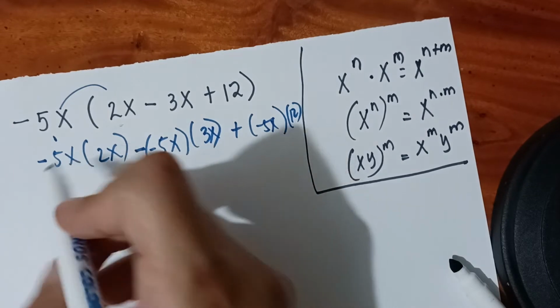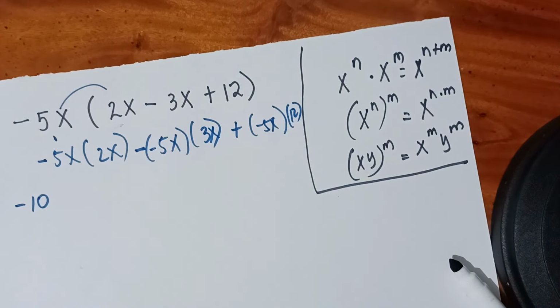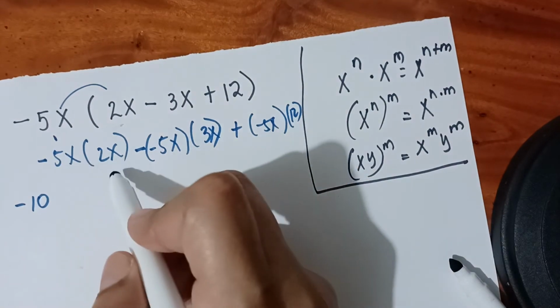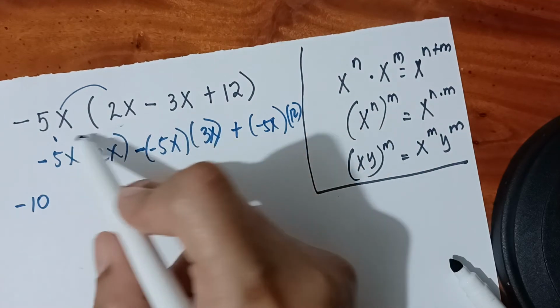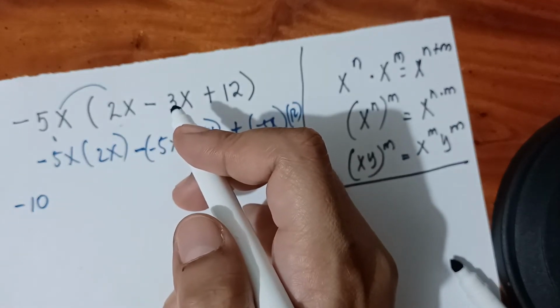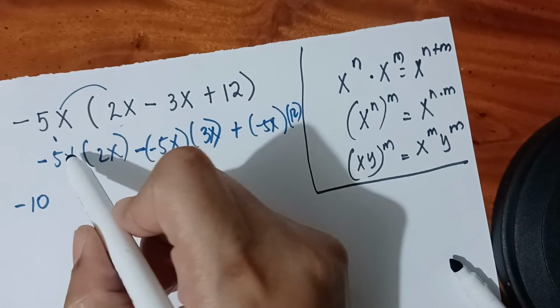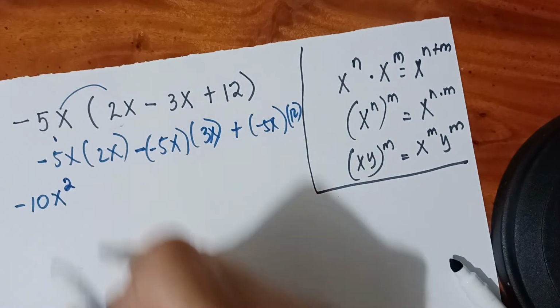So, 5 times 2 is 10, negative. And then, what do we do with the exponent when we are multiplying? Nag-a-add tayo. So, since wala namang nakalagay na kahit anong exponent doon, ibig sabihin, understood na 1 ang exponent natin. So, meron tayong x times x, so that will be negative 10x squared.